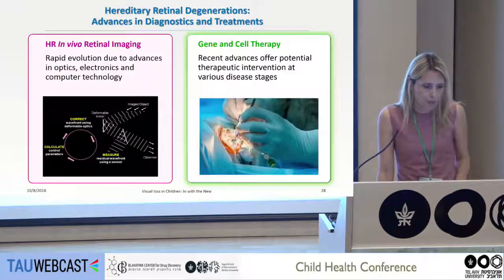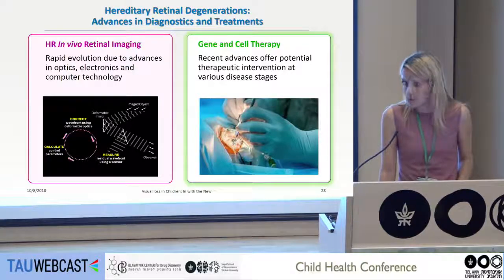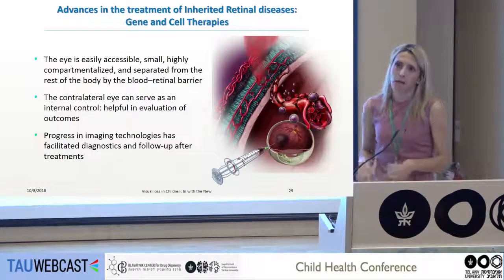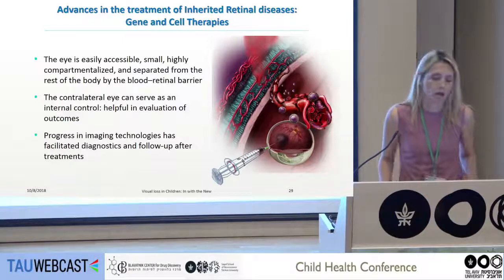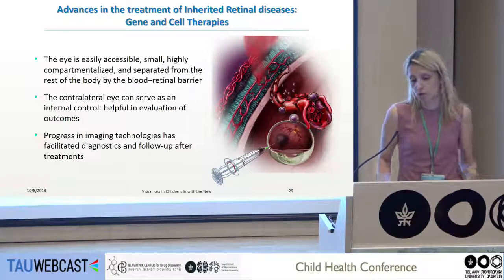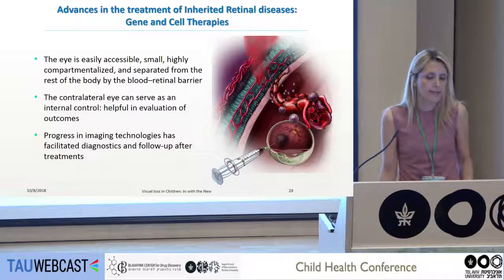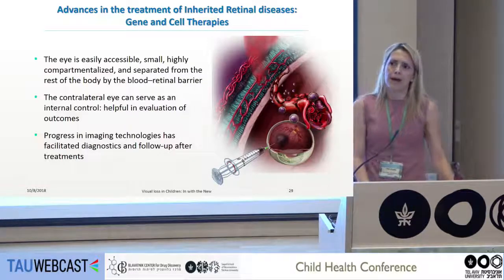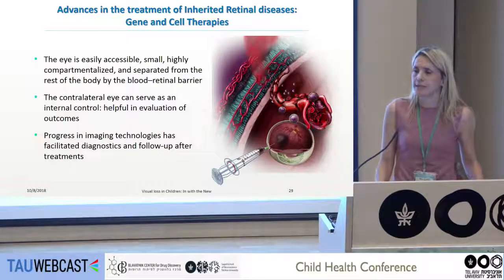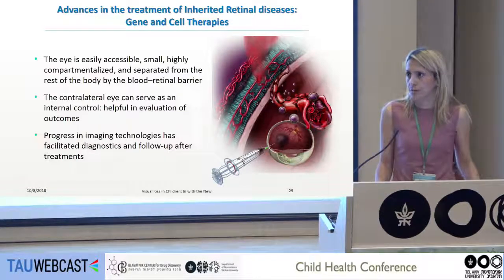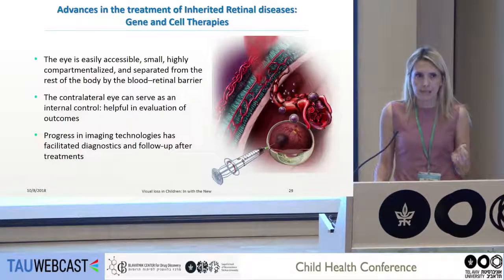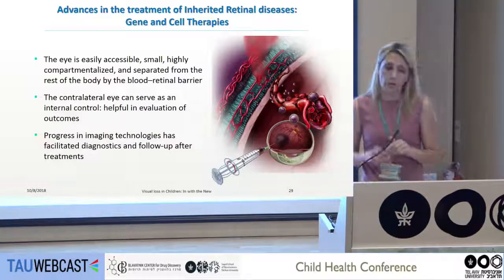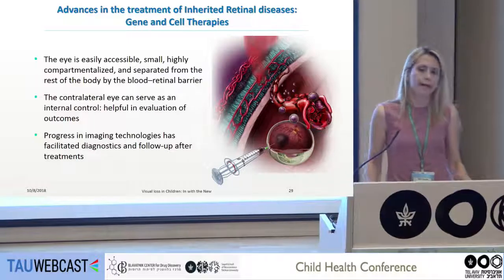Now, in terms of treatment, novel treatments for retinal degenerations, a series of interventions offer potential opportunities in different stages of the diseases. The eye, if you think about it, may represent an ideal target for gene or cell therapy. It is conveniently accessible, it is easily imaged, it is small, thus requiring low volumes for injection.